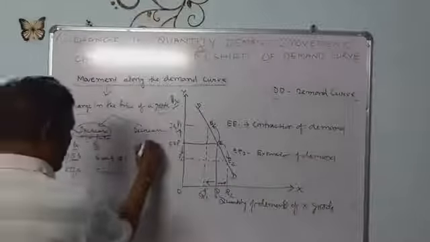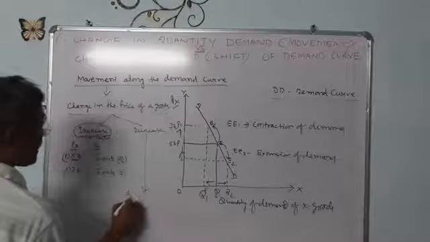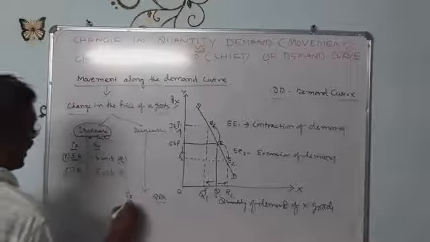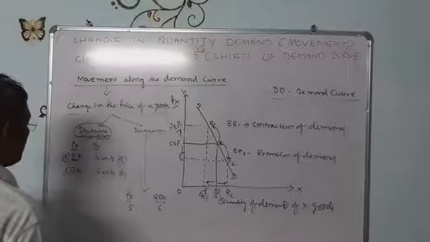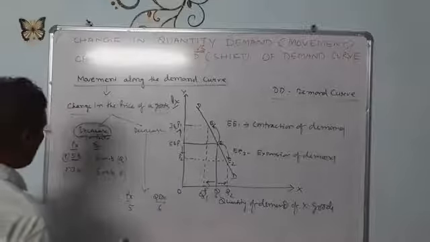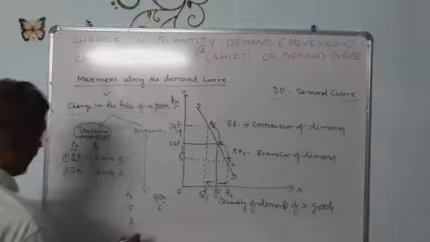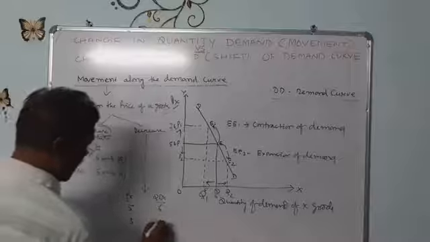If price decreases, suppose Px and quantity demanded of X: price of X is 5 rupees and quantity is 6 units. When price decreases to, suppose, 3 rupees, then how much may the quantity be? This may be 7 units.